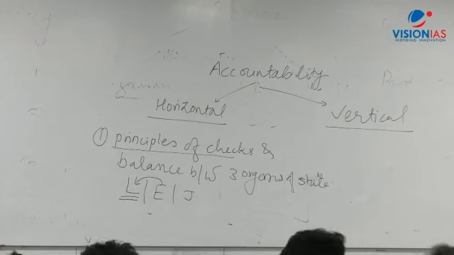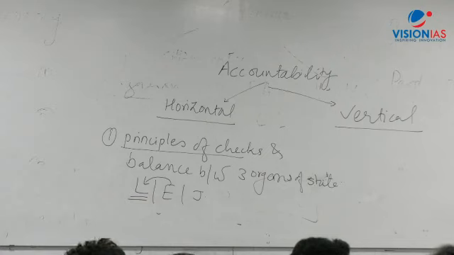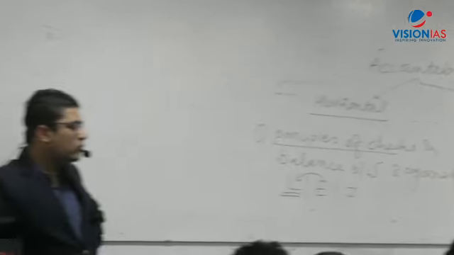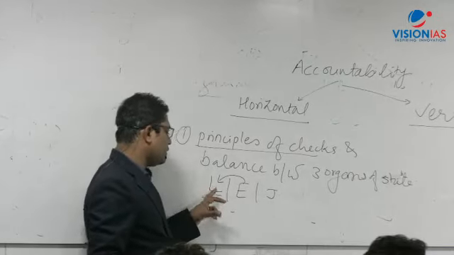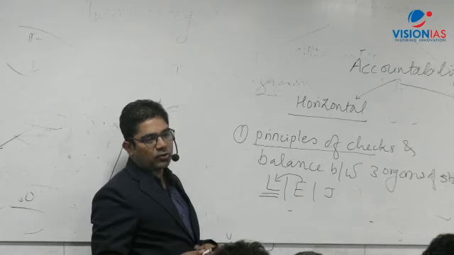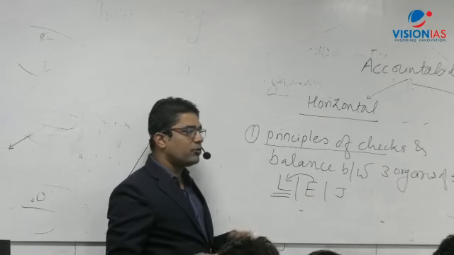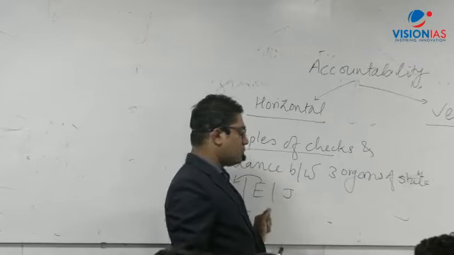So they can hold the executive accountable by asking different questions and passing motions and resolutions. In extreme cases, a censure motion for ministers and a no confidence motion for the government. Also, the legislature maintains accountability through parliamentary committees: the Public Accounts Committee, Estimates Committee, and Committee on Public Sector Undertakings.